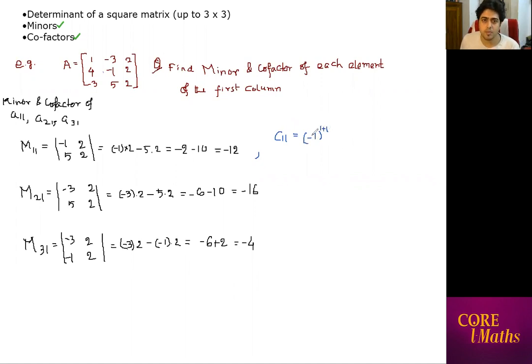We know that -1 to the power even means always it will be plus, -1 to the power odd means it will always be negative. So in every case, first check the summation of i plus j. If this is odd, then the signs of cofactor and minor are interchanged. The value remains the same, but the sign is interchanged. And if the summation of i plus j is even, then the cofactor value will be equal to the minor value.